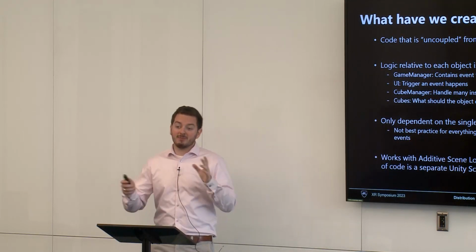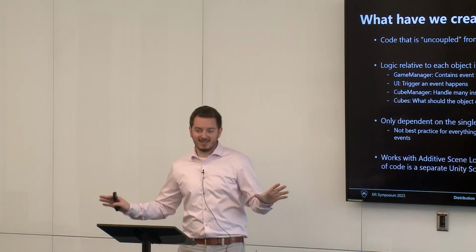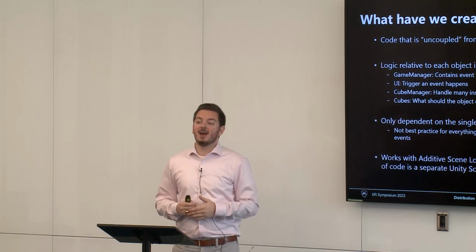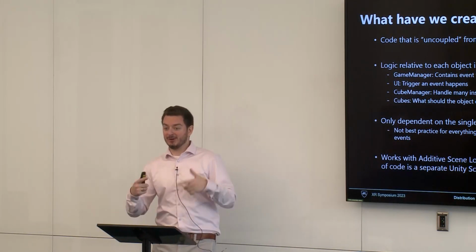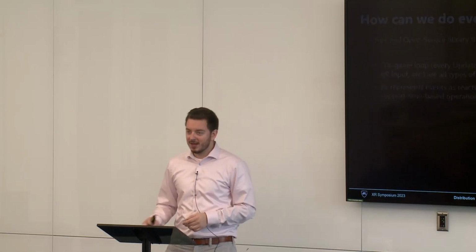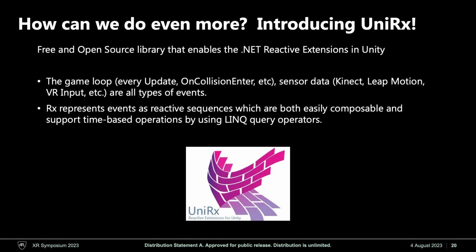So now we can have multiple developers collaborating on different scenes. We can avoid merge conflicts, and everything's set up so that we don't actually have to change any code in order to do this. So let's expand on this a little bit more and talk about reactive programming in Unity.